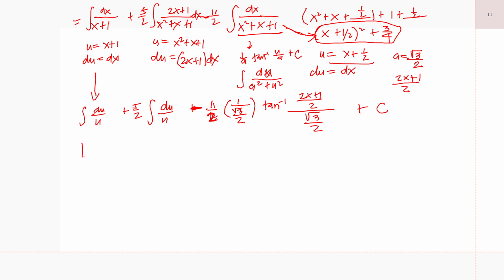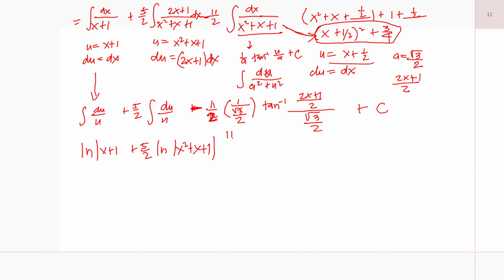Okay, so this is ln of x plus 1 plus 5 halves ln of x squared plus x plus 1 and inverse, or reciprocal.